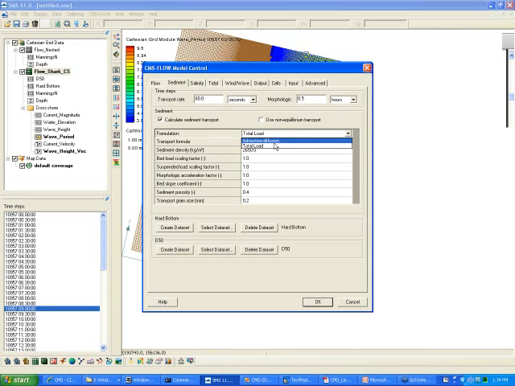There's a couple of reasons for that. First of all, the total load model is, I would say, kind of the antiquated model. It's not used very much in the literature because it assumes equilibrium transport everywhere, and that's really not realistic.